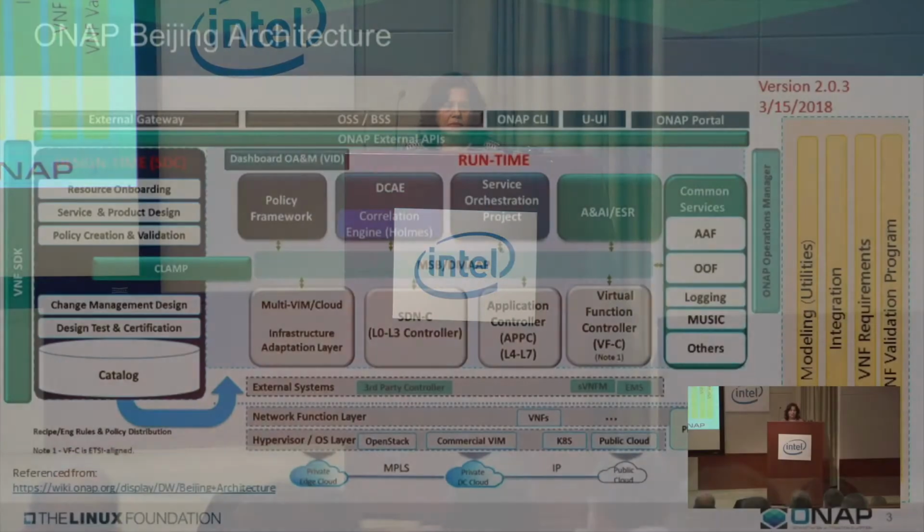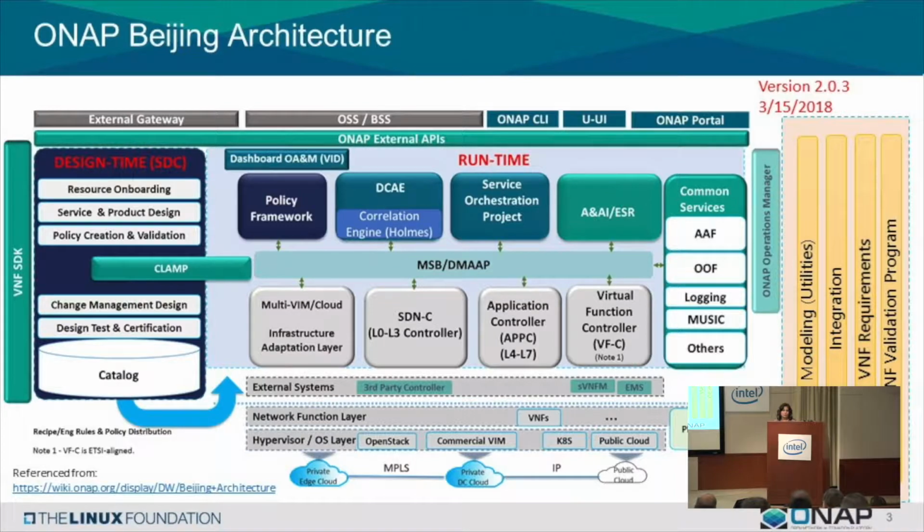This project provides a platform for creating, designing, orchestrating, and managing VNFs and the full life cycle of a VNF. It has closed loop automation where if something goes wrong with the VNF, it can automatically restart the VNF and so on. And there have already been 2 releases of this project.